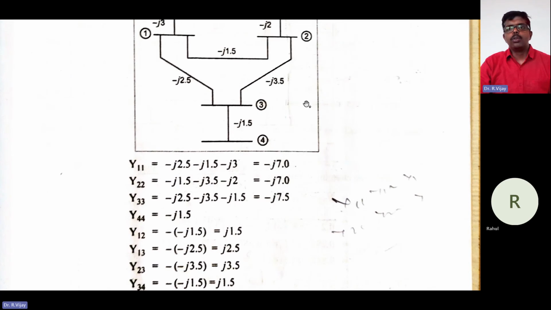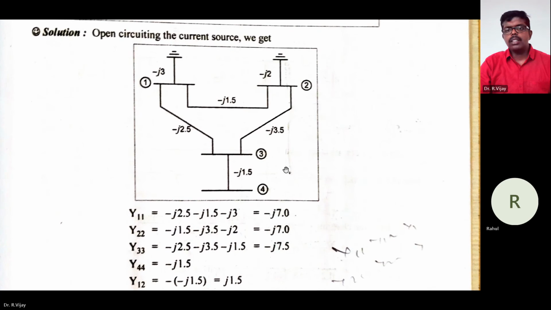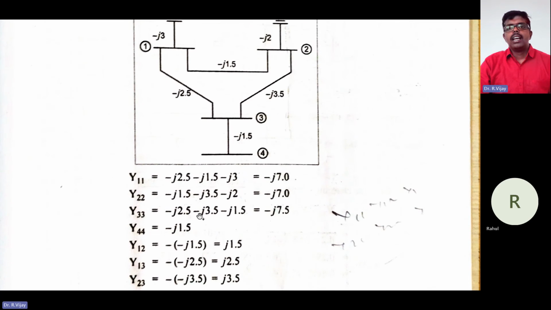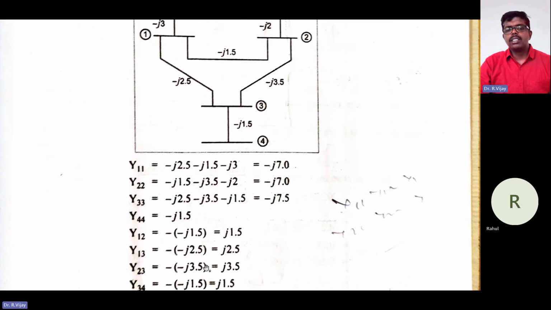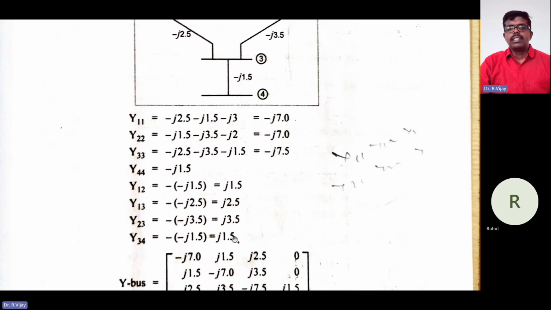Similarly, Y23 is minus of j into 3.5, and Y34 also.